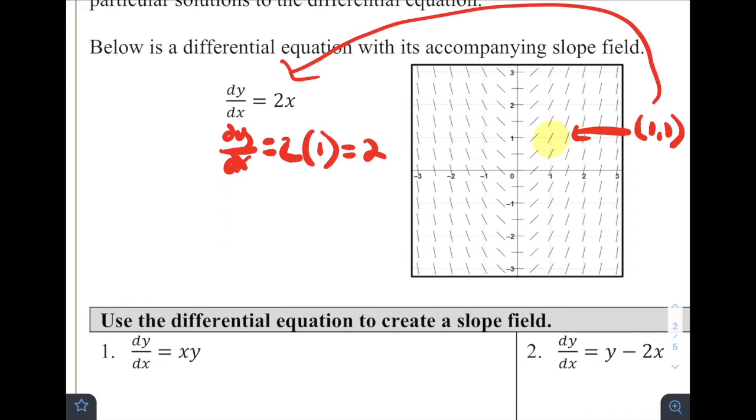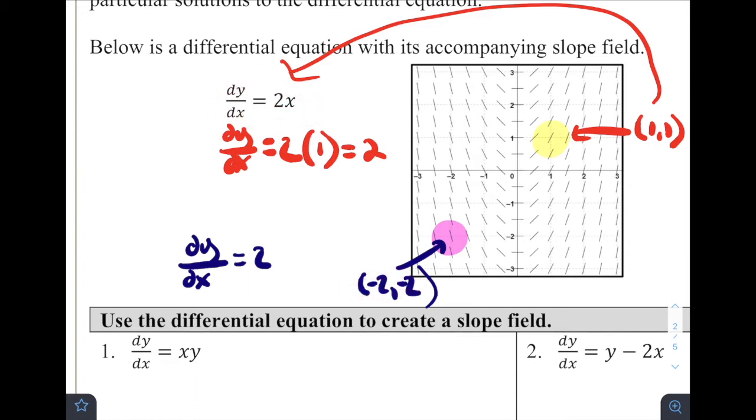Similarly, if I were to pick a different point, like this one over here, this point looks like the point -2, -2. If I were to find the slope at that point, dy dx is equal to 2 times the x value, right? Because our differential equation says it's 2 times the x value.